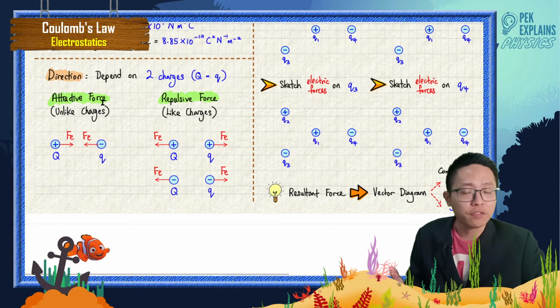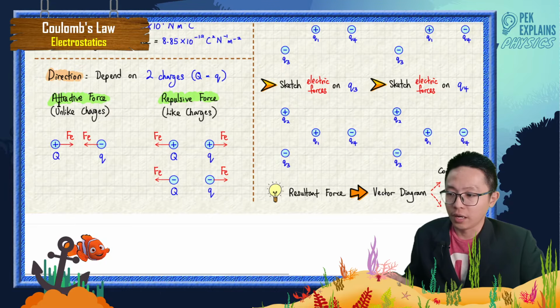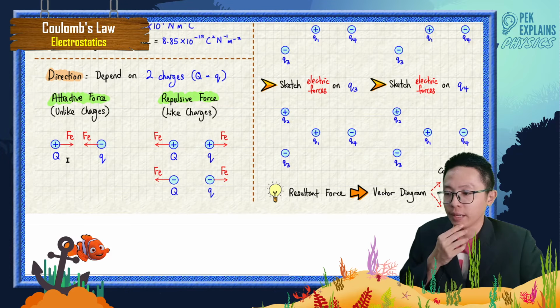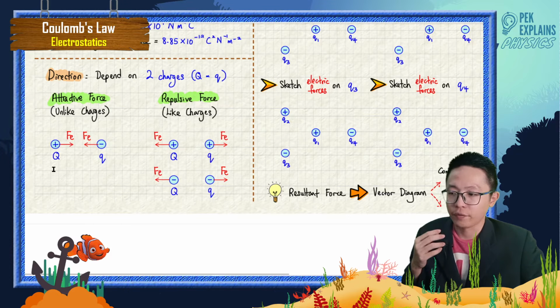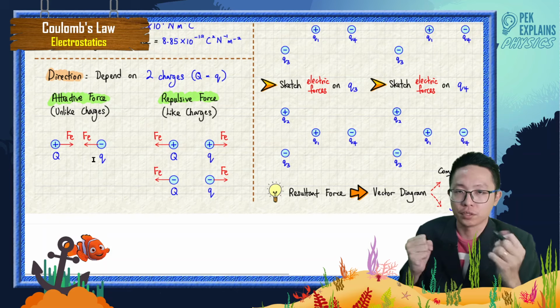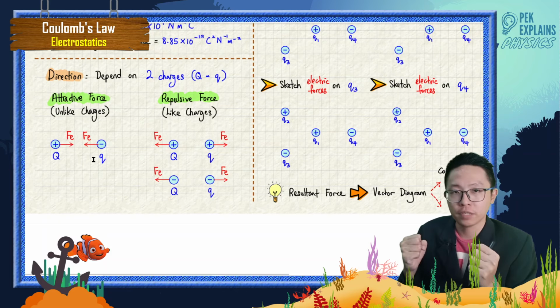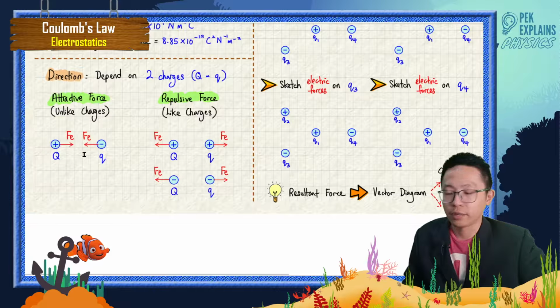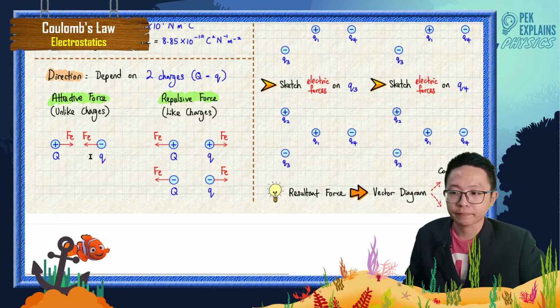Attractive force is experienced by unlike charges. Unlike means opposite sign, positive and negative. If you have a positive charge and a negative charge, they attract each other. This is the force towards each other.